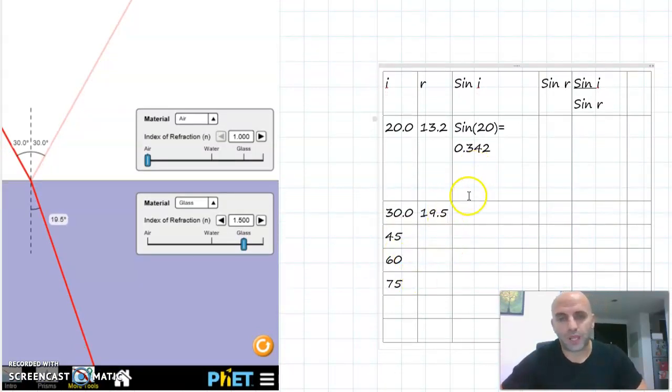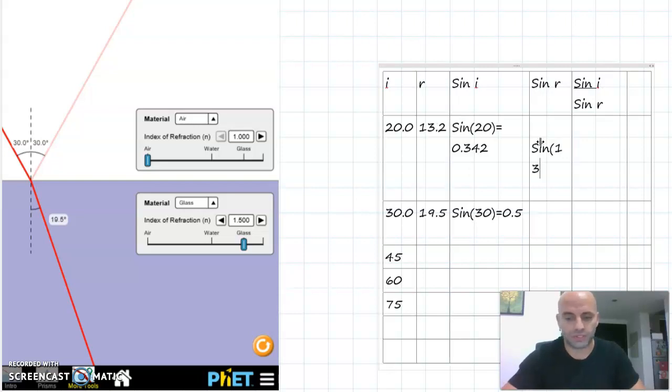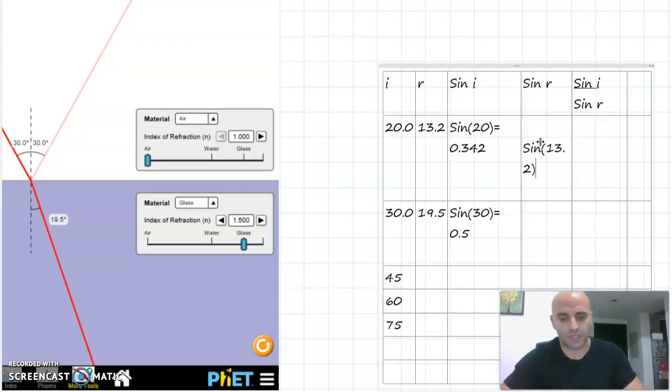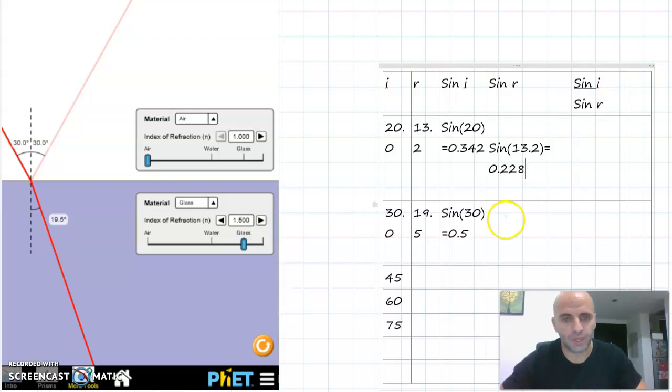I'm just going to use the calculator on OneNote. So the sine of 30 degrees is half. And then I'm going to calculate the sine of the angle of refraction. So the sine of 13.2 degrees equals, that's way too many figures, so I'm just going to get rid of most of them.